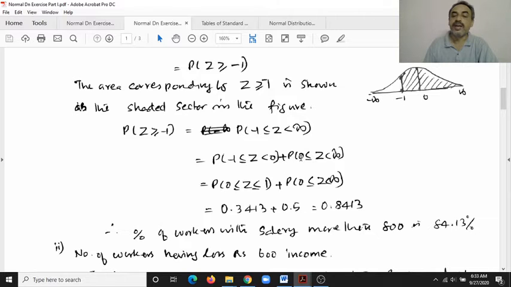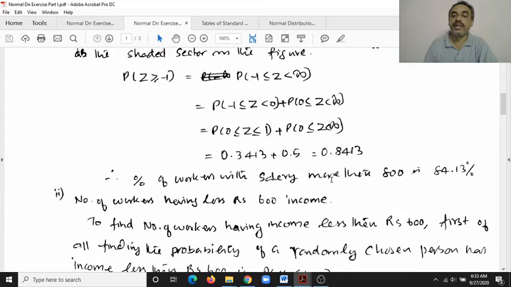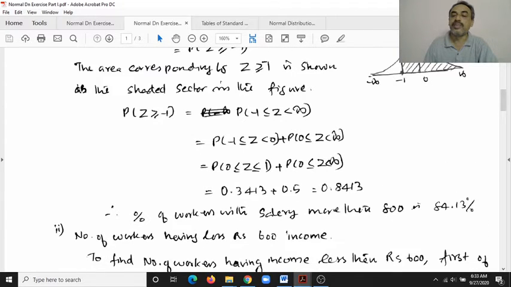Now the second part is 0 less than or equal to z less than infinity. Note that this 0 to infinity represents the entire right side of the standard normal distribution frequency curve, and its area is 0.5, because the total area is 1 and the line at 0 divides it into two equal parts. Since the frequency curve is symmetric, it is 0.5.